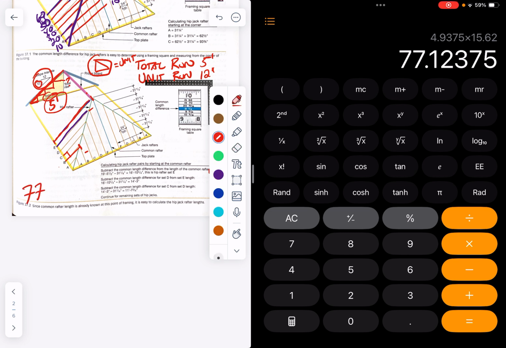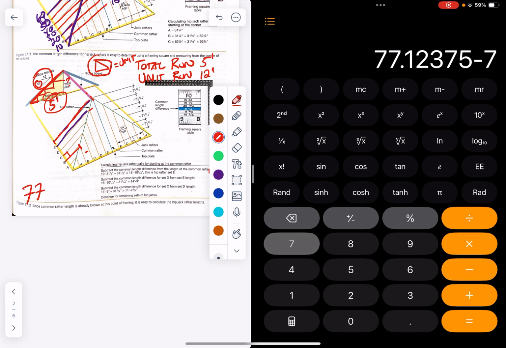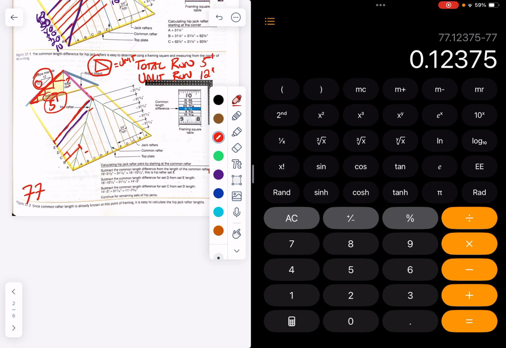Okay, but we need to figure out what 0.12375 is in fractions of an inch. So we're going to subtract the 77, get rid of it. And now we want to know what part of an inch this represents. So we're going to multiply it by 16 because we broke our inch into 16 parts.